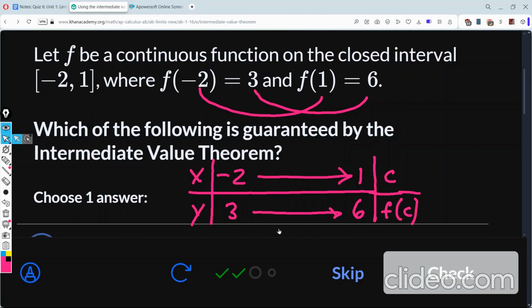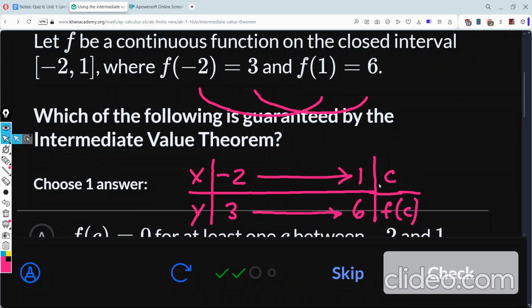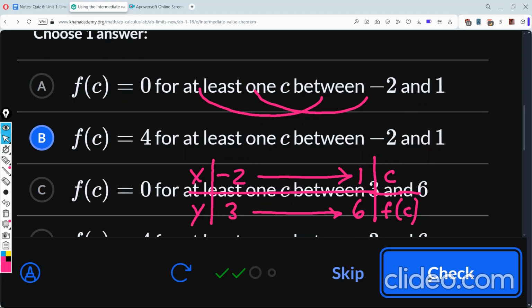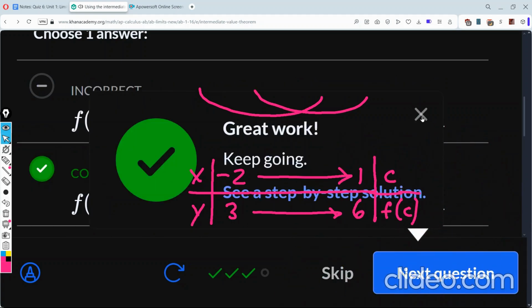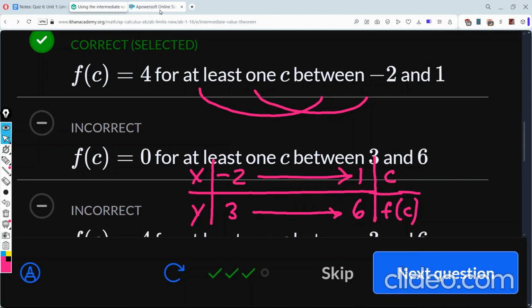You can fit a 4 in there. And that's for C between -2 and 1, and we said C is between -2 and 1. That's your x coordinates. So that's it right there. We said these are the x's on the end, and these are the y's stated at the beginning. You can double check the other two, answers C and D, to make sure they don't work.